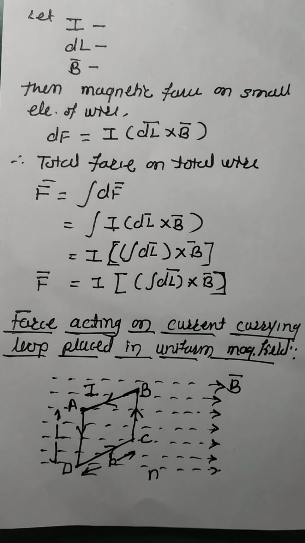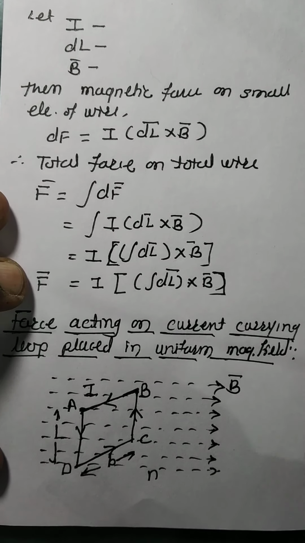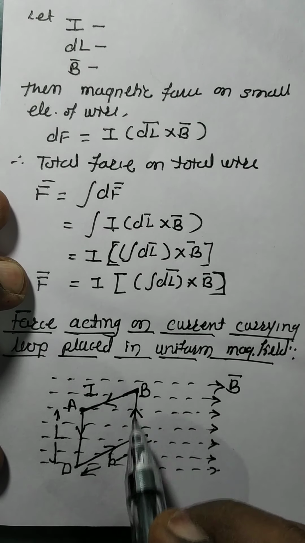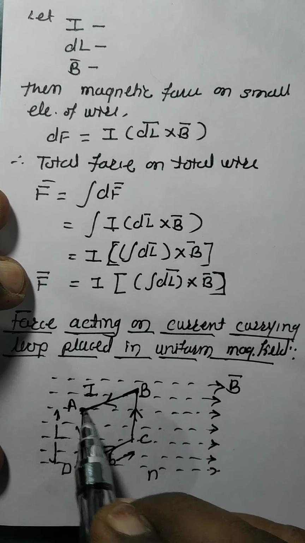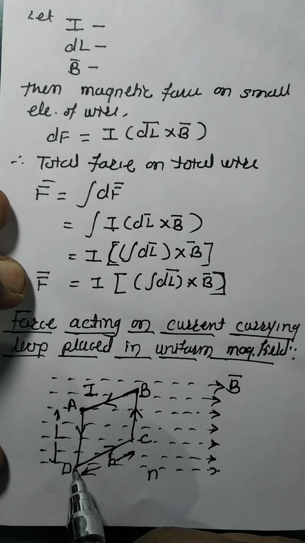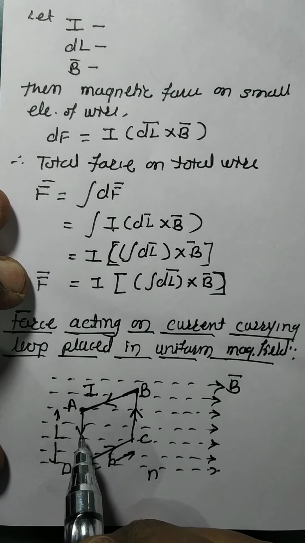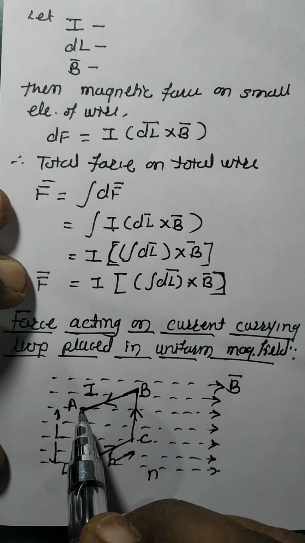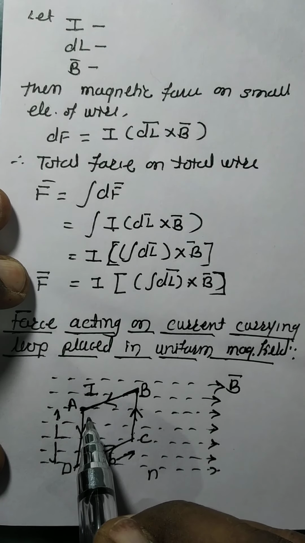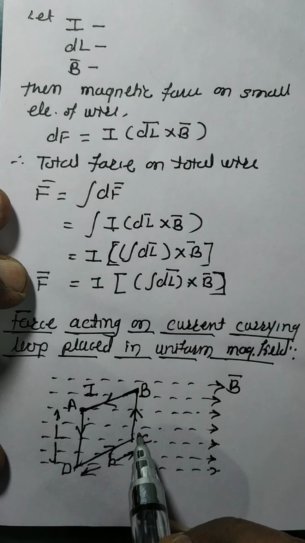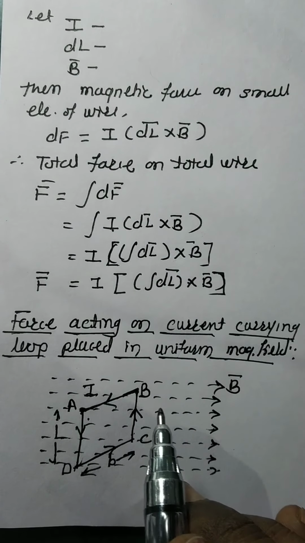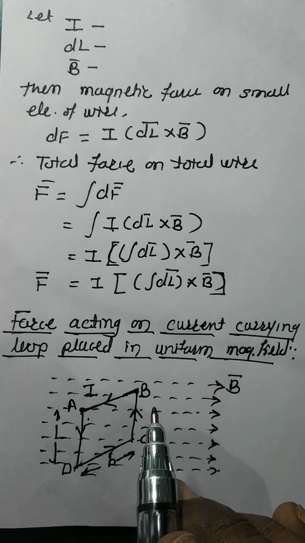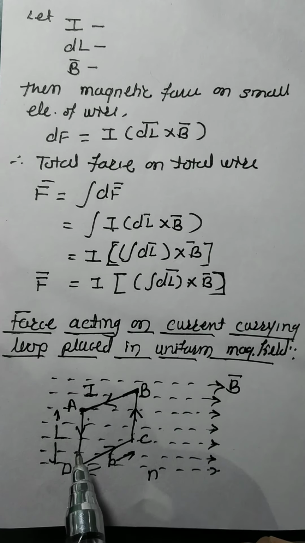See once more. Consider a rectangular loop of wire ABCD carrying current placed in uniform magnetic field. बघा आपण इथं काय कन्सिडर करतोय.